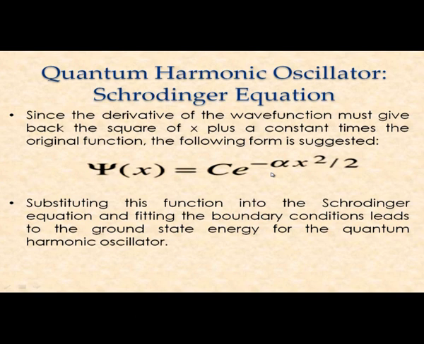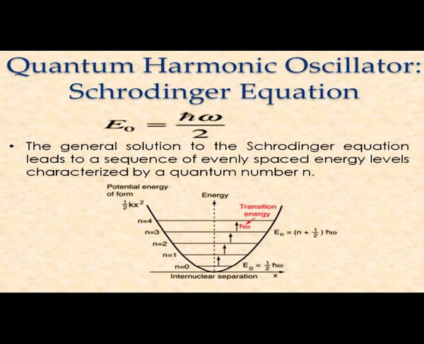Substituting this function in the Schrödinger equation and fitting the boundary condition leads to the ground state energy for the quantum harmonic oscillator. This is the pictorial diagram for quantum harmonic oscillator.